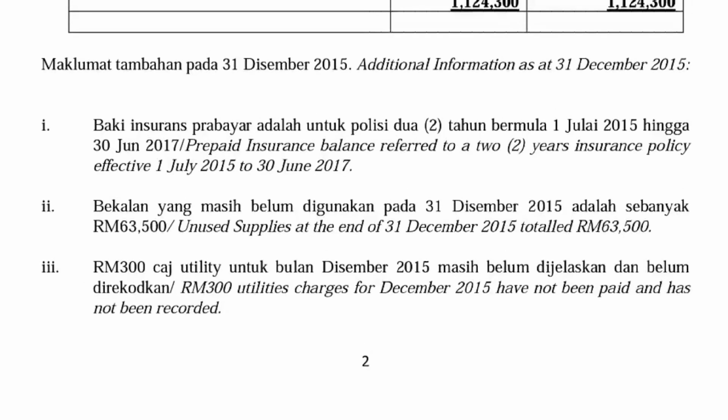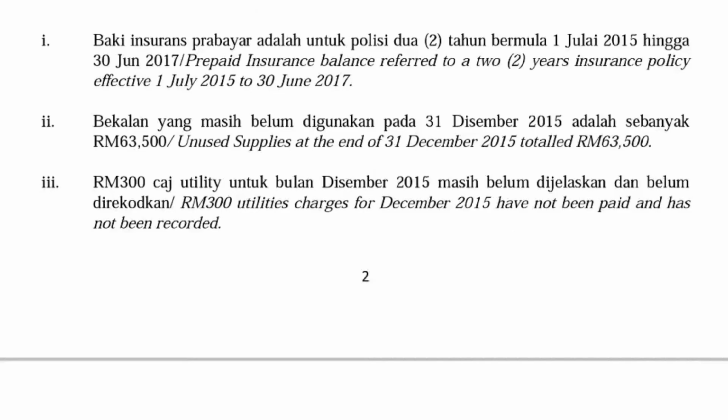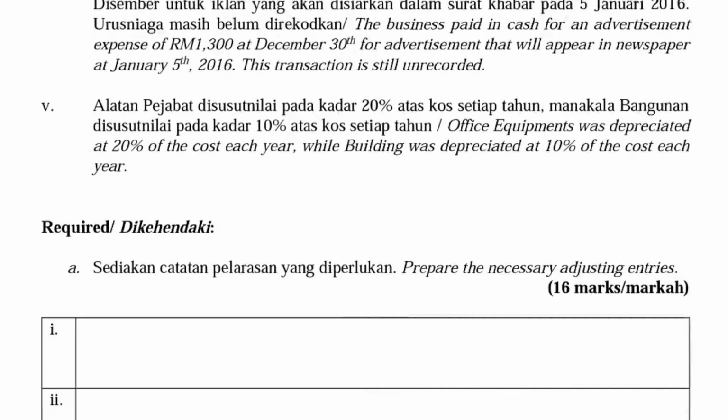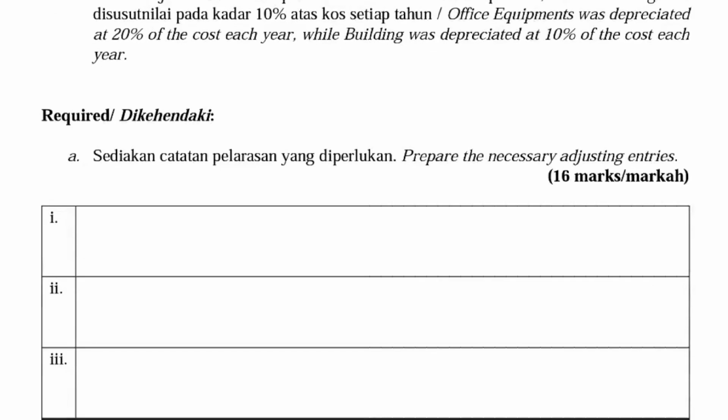So most of the time, for every additional information, you have to do at least one adjusting entry. We will do this. This kind of question typically will ask you to firstly do the adjusting entries.